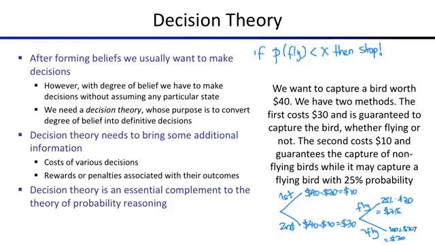If the probabilities increase towards the bird being a flying bird, there will be a moment that these two methods break even. But as we go up and we are more certain that it is a flying bird, the first method becomes more attractive because it gives us a profit of $10 for sure instead of $7.5 on average. So we'll move toward the first method. If we are sure that it's a flying bird, I select the first method.